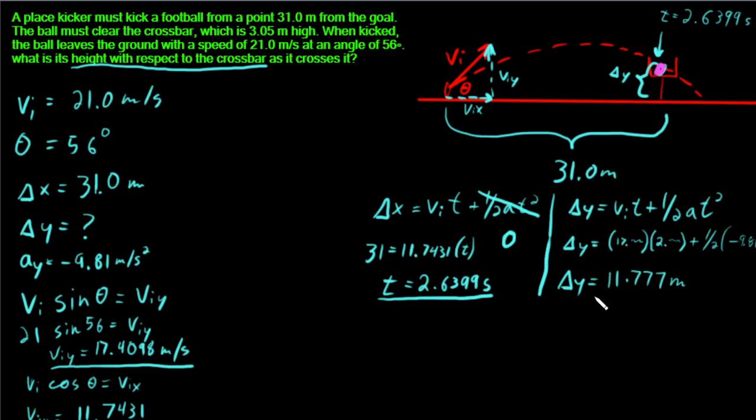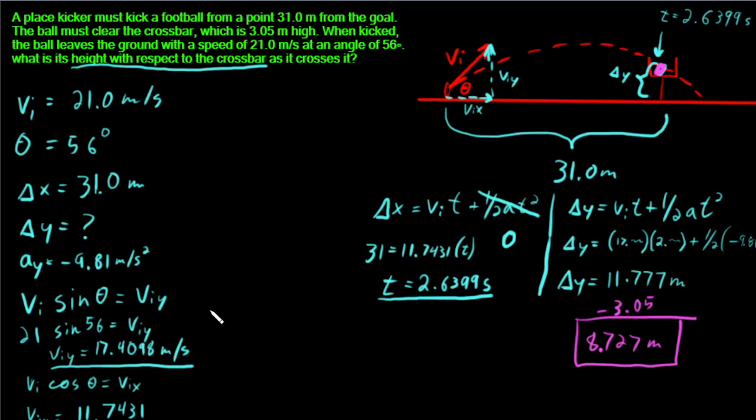So if we take that and subtract 3.05 meters, then we'll get a height with respect to the crossbar of 8.727 meters, and that will be the height above the crossbar.